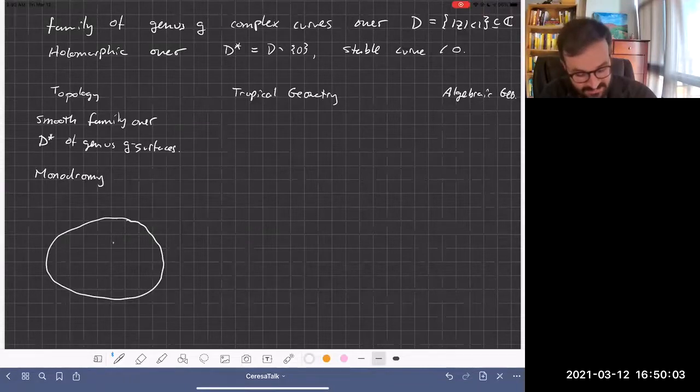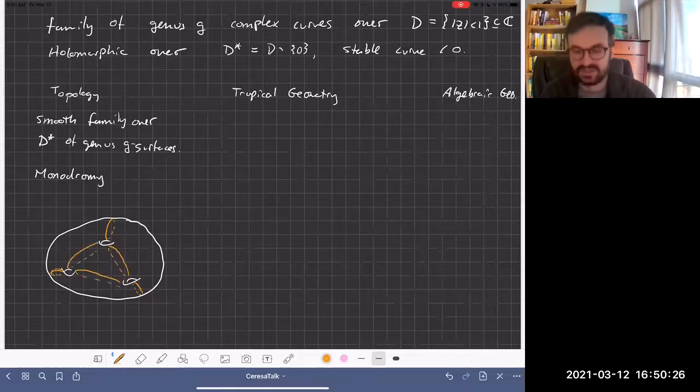So say we have a genus 3 surface, and then say this is some smooth family over the punctured disk. And then let's say it degenerates to a singular curve whose dual graph is the graph K4.